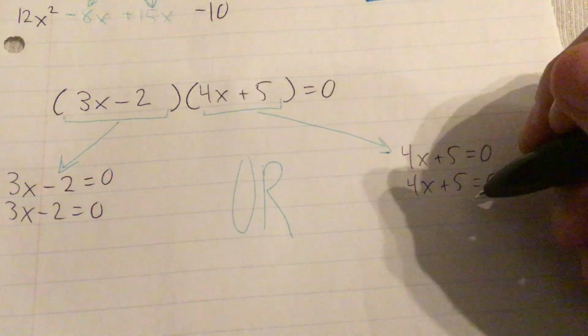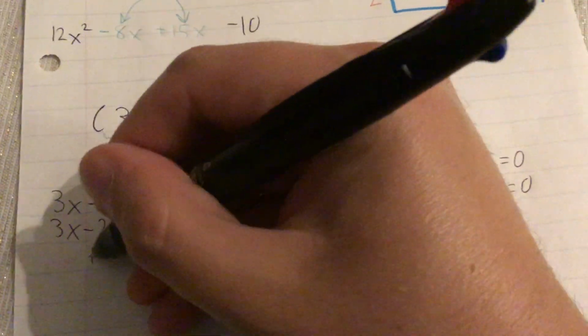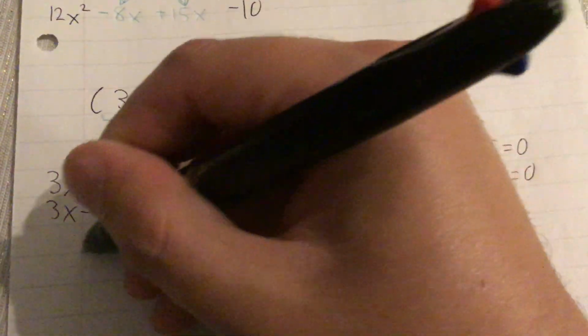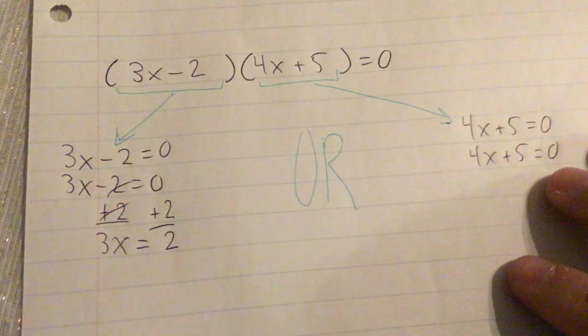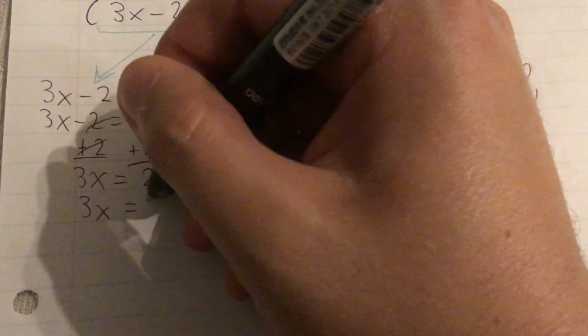Now let's solve for the left equation. 3x minus 2 is equal to 0. I'm going to add 2 on both sides, so 3x is equal to 2. Now I'm going to divide both sides by 3. I can leave this as x is equal to 2/3.